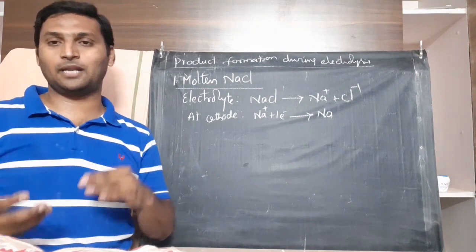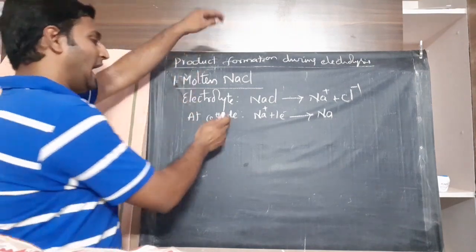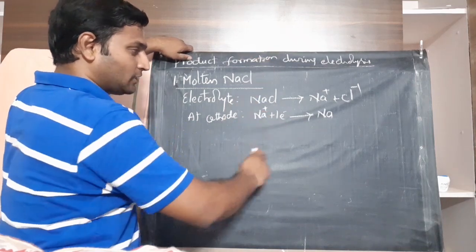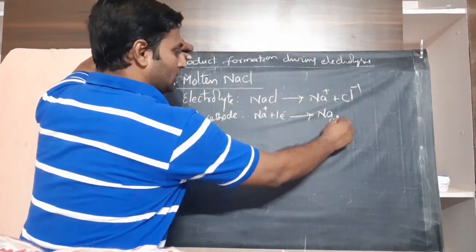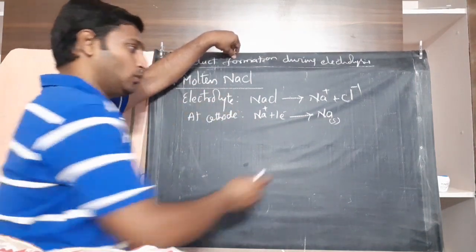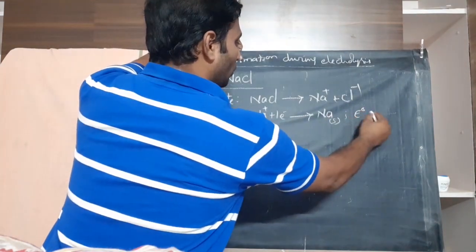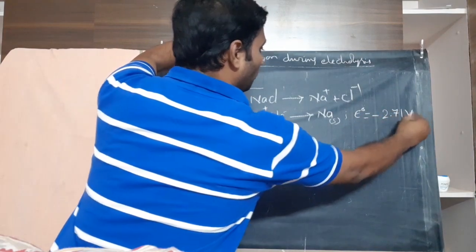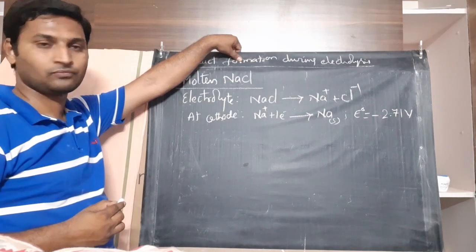So deposited or liberated or formed. So at cathode what is happening? Sodium cation gaining electrons supplied from the battery and becoming solid sodium metal, and sodium gets deposited on the surface of the cathode, for which you know the electrode potential from the electrochemical series, you can get it, minus 2.71 volts.